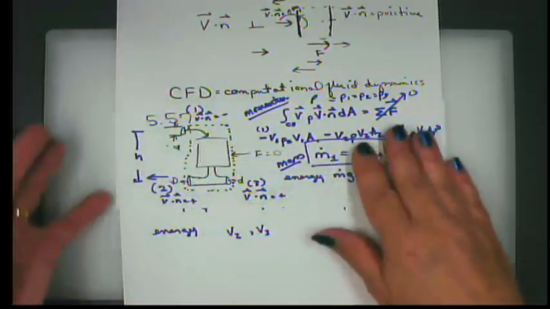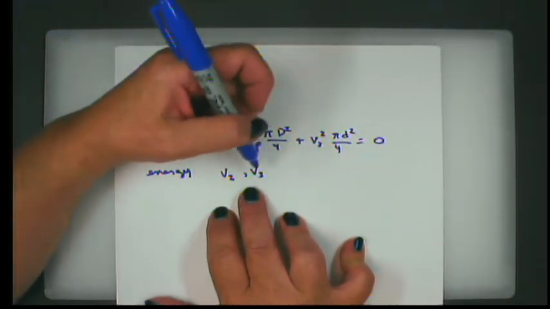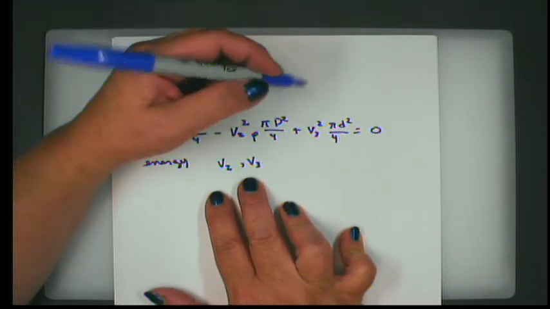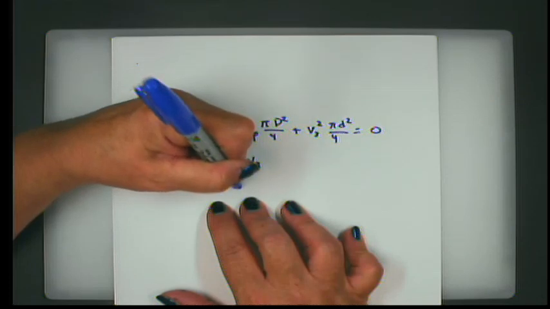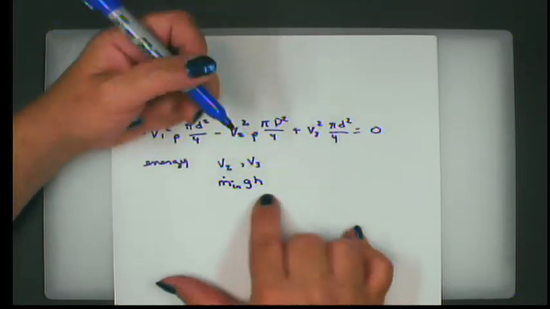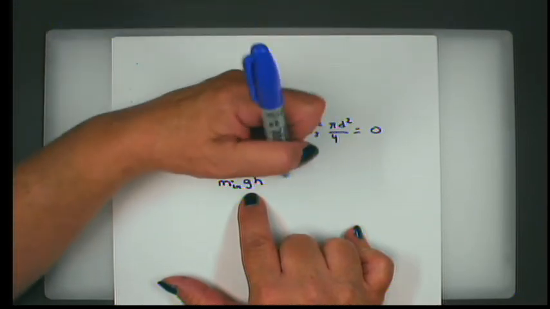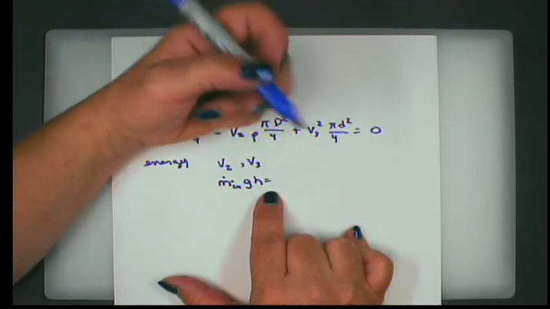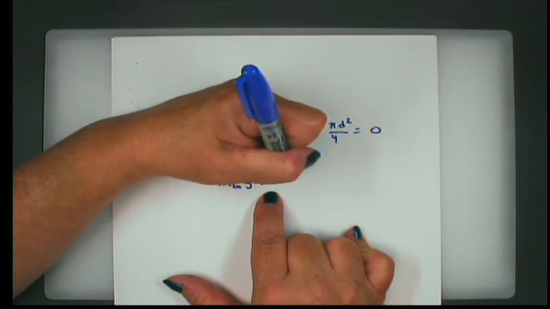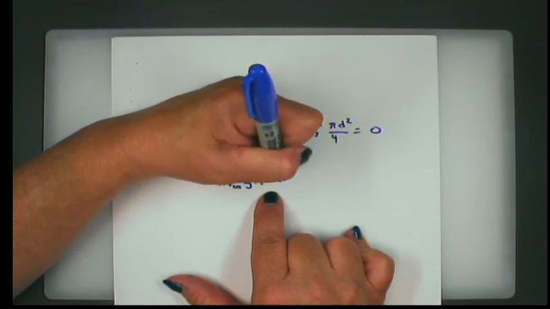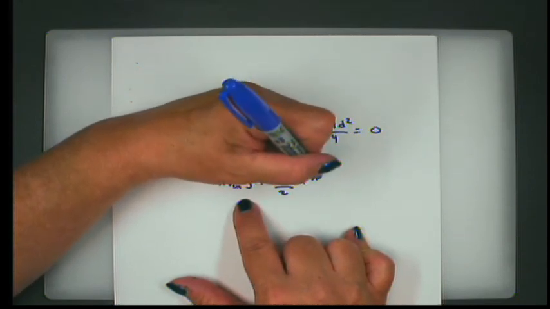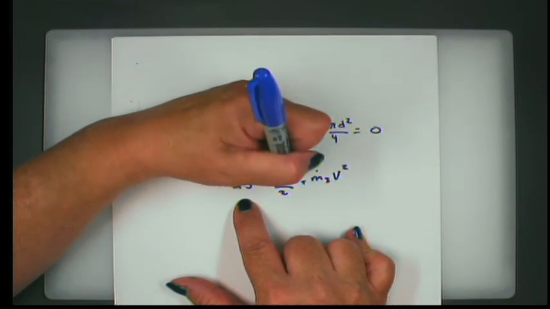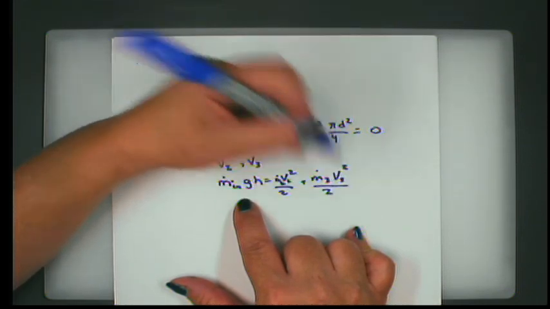Now, kinetic energy is not directional, is it? In other words, it's not a vector. So in order to talk about V2 and V3, we could say m dot in times g times h, so this would be a power or a flow rate, is going to equal m dot at 2 V2 squared over 2 plus m dot at 3 times V3 squared over 2.